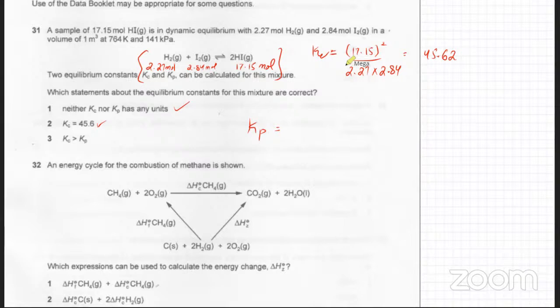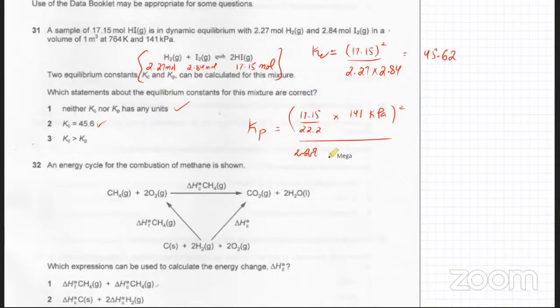22.2. I said 22.2. So it's going to be 17.15 out of 22.2 into the total pressure, which is 141 kPa, right? And that's going to be squared. I mean, mole fraction multiplied by the total pressure divided by 2.27.